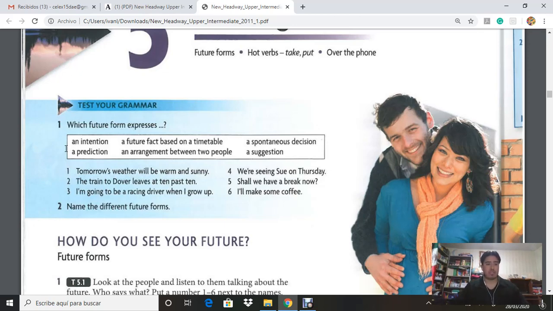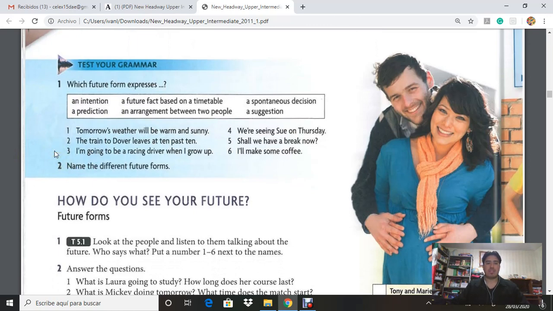The first function is an intention, the second a prediction, the third a future fact based on a timetable, the fourth an arrangement between two people, the fifth a spontaneous decision, and the sixth a suggestion. What you need to do here is to relate every one of these functions to the following 6 statements.